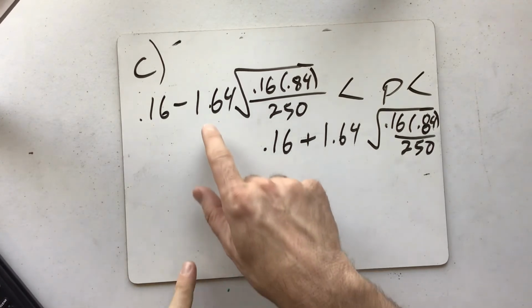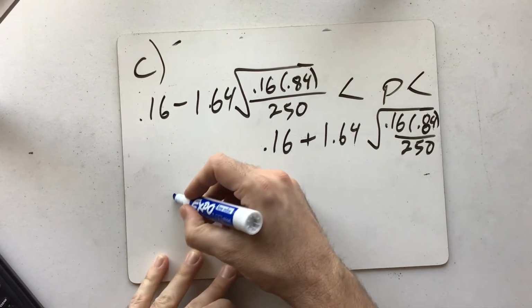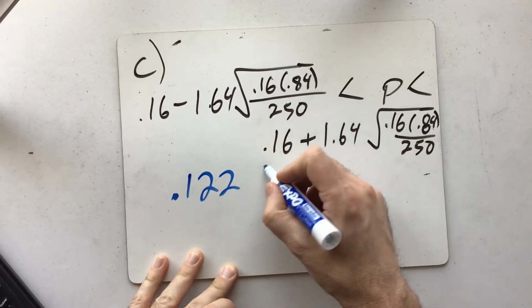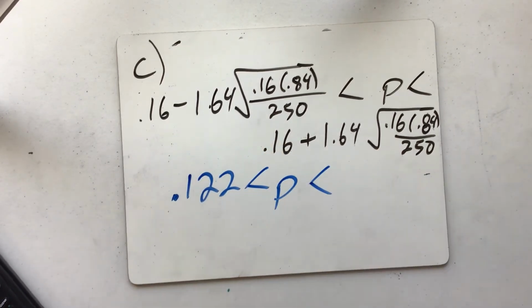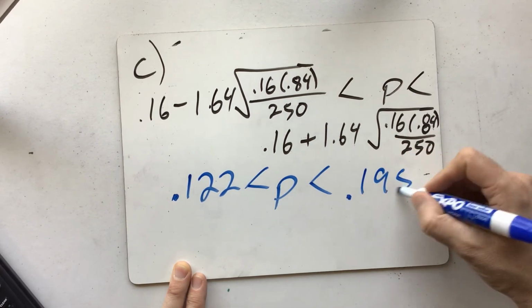I got 0.038 for that number. So I'll do 0.16 minus 0.038, and that's going to give me 0.122 on this side. 0.122 is less than p. And then on the other side, I'll do the exact same calculation, but with a plus sign in the middle, and I'll get 0.198.